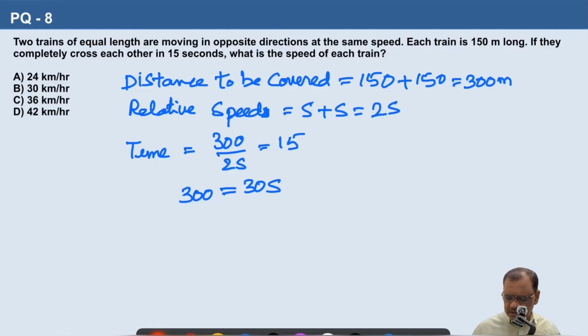So S is equal to 10. The speed of each train is 10 meters per second.